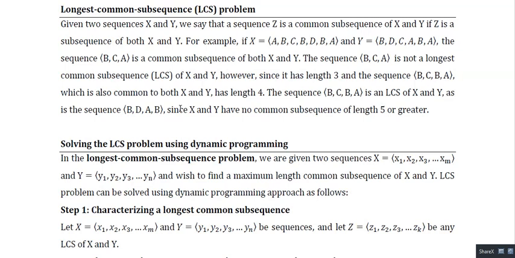Last class I discussed the 0 1 knapsack problem using the dynamic programming approach. In dynamic programming, as in the divide and conquer approach, we divide our problem into a number of sub problems, and we try to find the optimal solution to each sub problem.